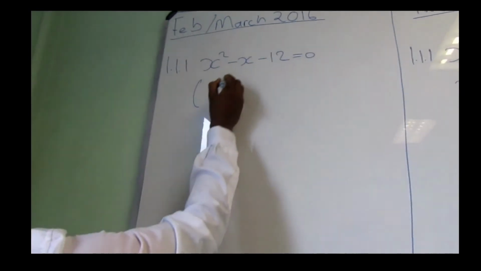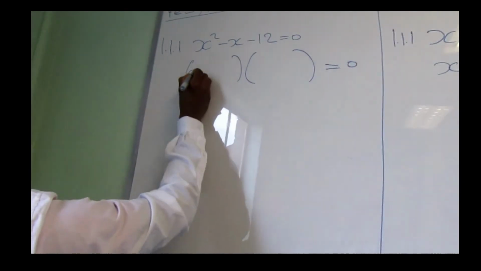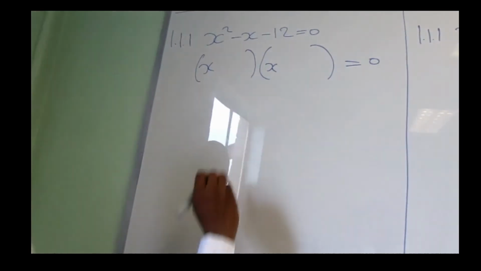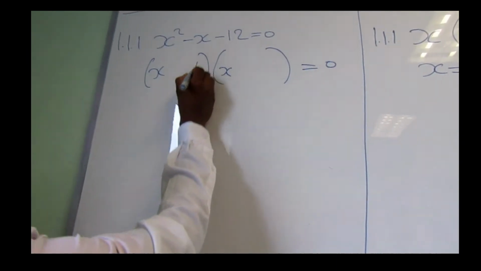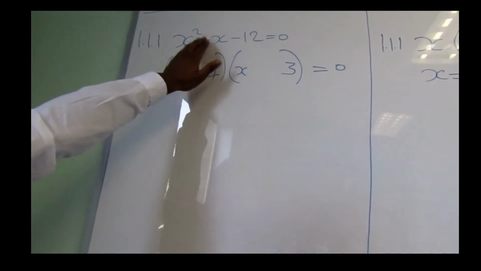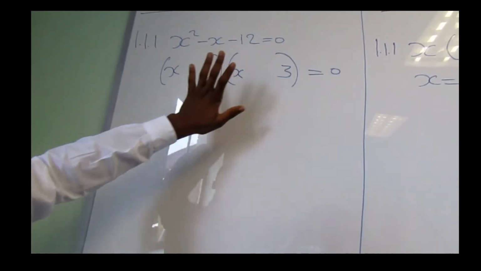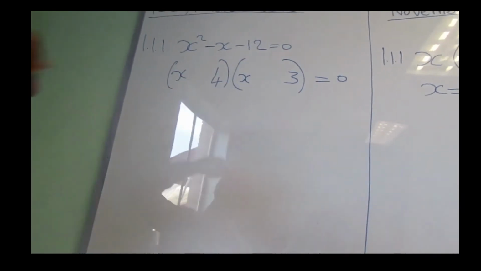Then our second step is to set this equal to 0. Then we say x and x. Then we take 4 and 3. Because the sign is negative, we are looking at which sign we are going to put here and here.